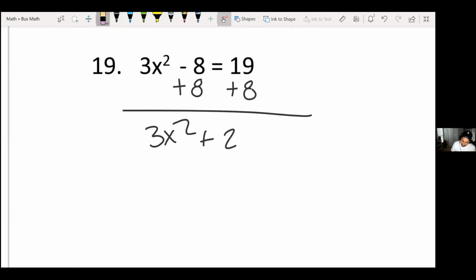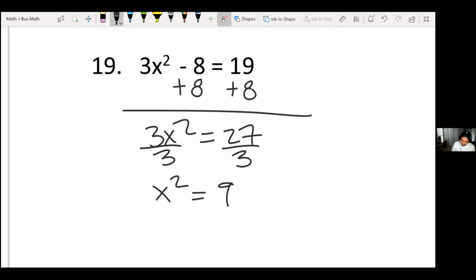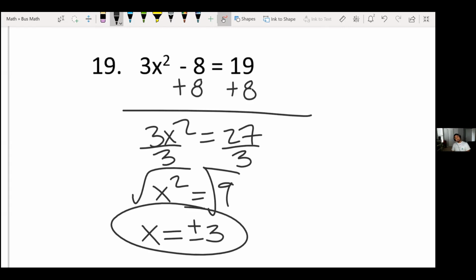Oh, you're not paying attention. Equal to 27. Then divide by 3, x squared equals 9. Square root both sides, and x equals plus or minus 3. There you go.